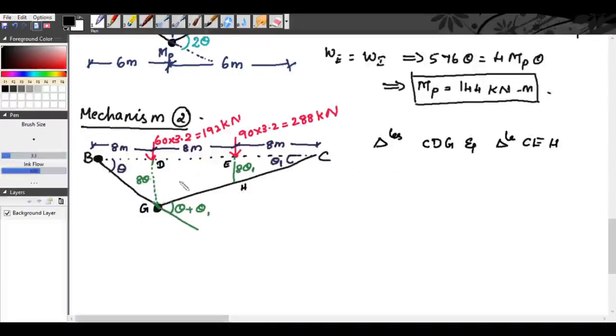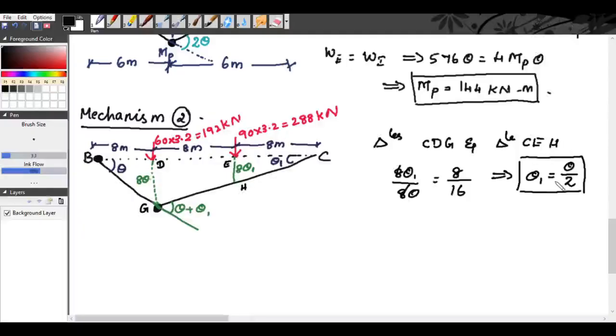So this 8 theta, we will take this first. So 8 theta 1 by 8 theta is equal to 8 by 16. So what we get is theta 1 is equal to theta by 2.